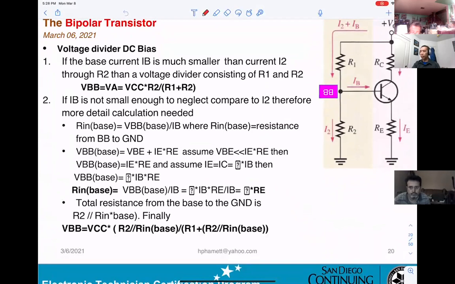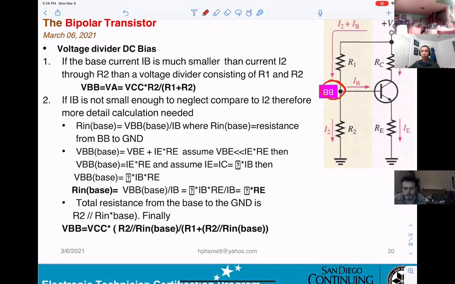Basically, in order to calculate the VBB, that means the voltage right here, normally you're using the voltage divider, R1 and R2. So basically, if you want a more accurate value of the VBB here, this is the one they give you in a little more detail, but you don't have to go too much into detail here.